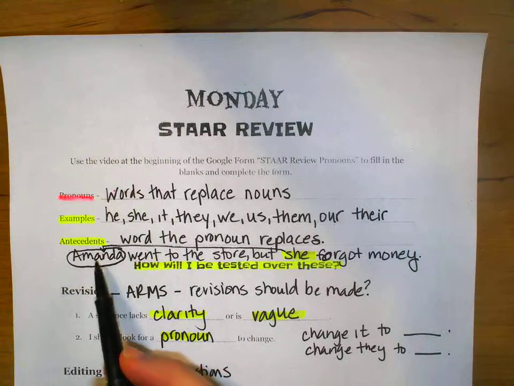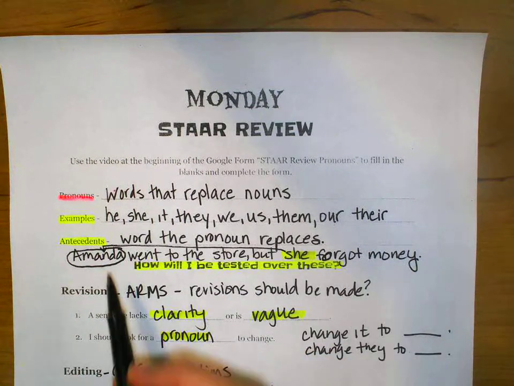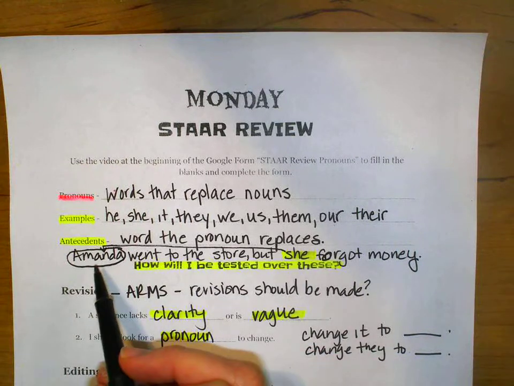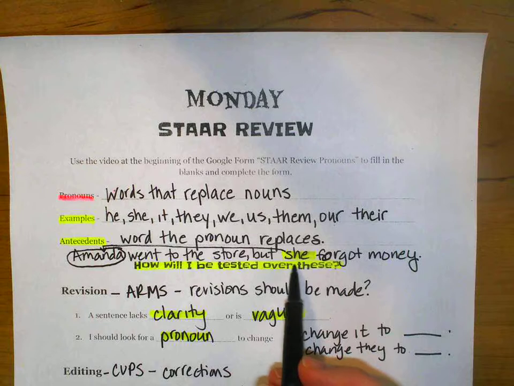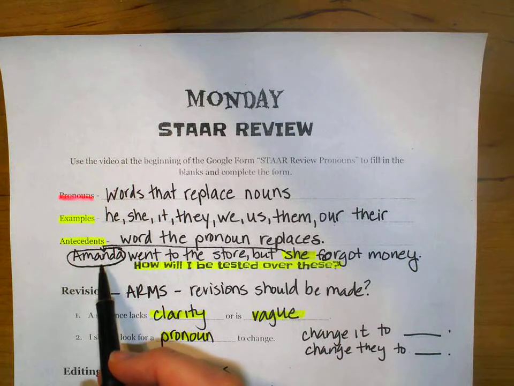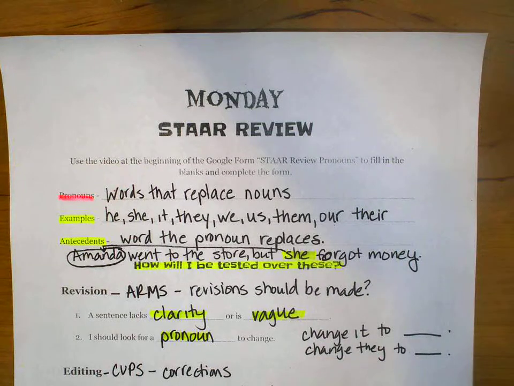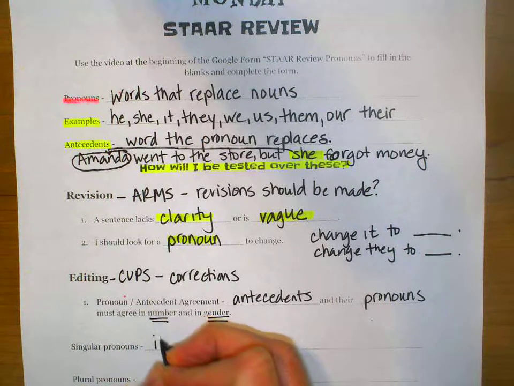Okay? So if I have up here, let's go back to our example up here. I have Amanda went to the store, but she forgot money. I don't say Amanda went to the store, but they forgot money, because Amanda is a singular person. So I have to use a singular pronoun. Amanda is also a girl, so I'm going to use the singular female pronoun she. Okay? So let's go back to our list. Some singular pronouns. Now we're talking about one person or thing.